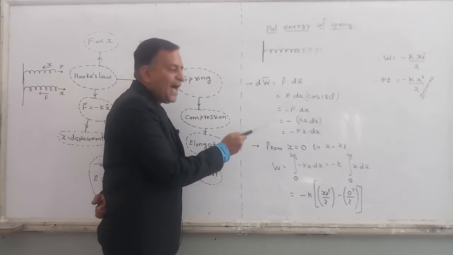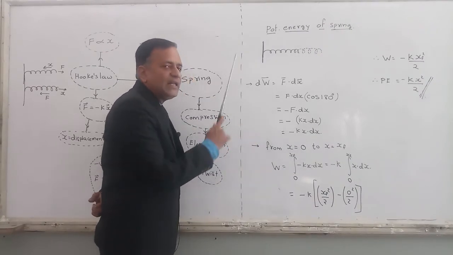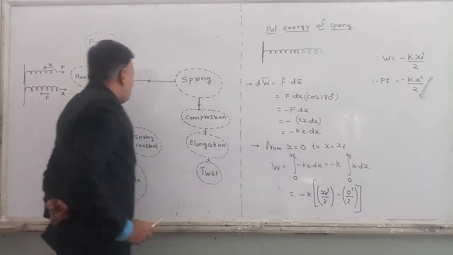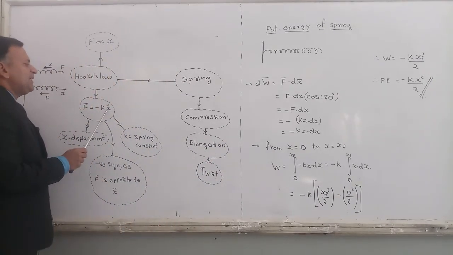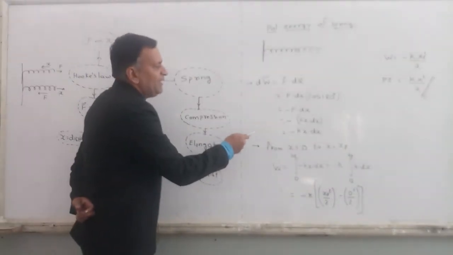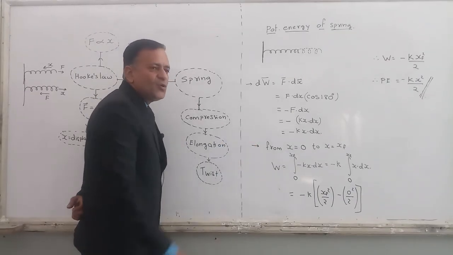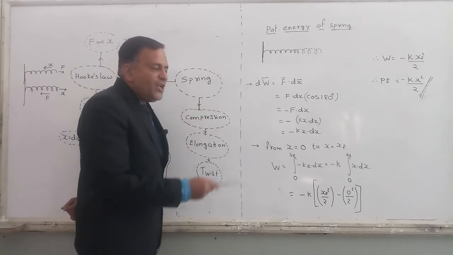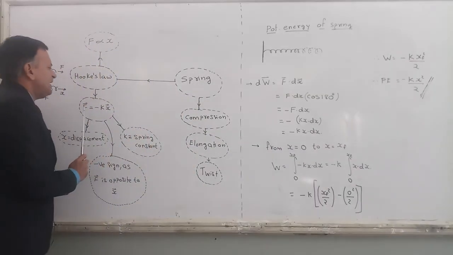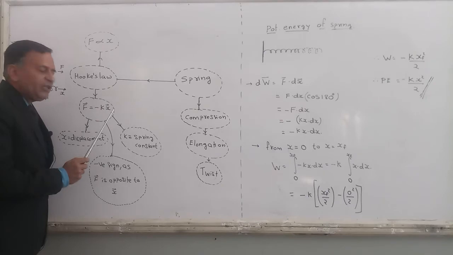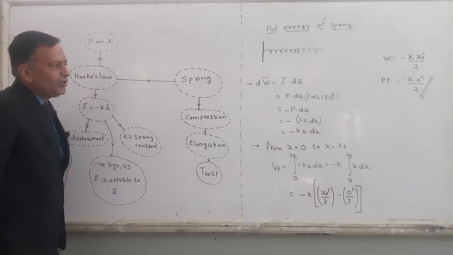यहां पे ज्यादातर बच्चों को एक डाउट आता है कि सर यहां पे आपने लिखा F is equal to minus kx, तो यहां पे आपने माइनस यूं उतारा, dx यहां पे उतारा, F की जगह kx क्यों लिखा, माइनस kx क्यों नहीं लिखा? See, you write F is equal to minus kx only in vector notation.